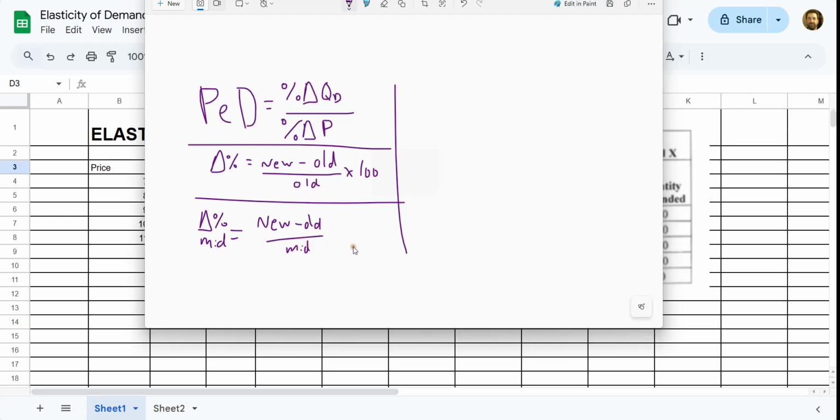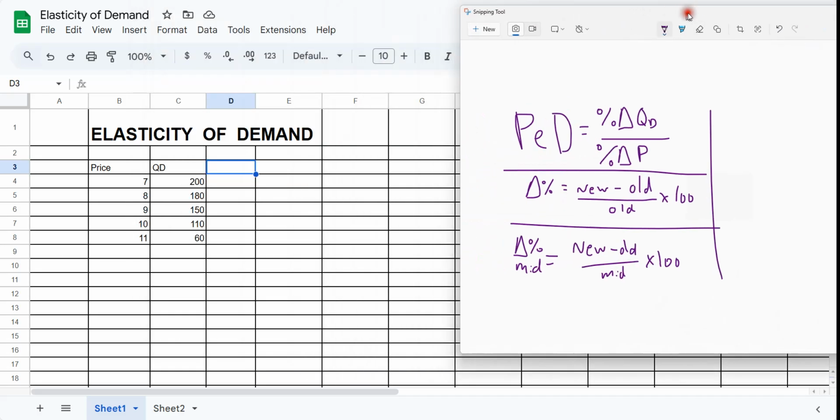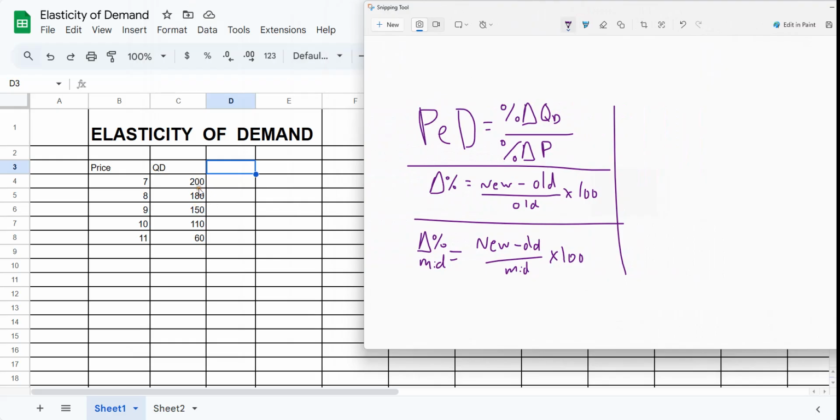Usually you can just eyeball the midpoint: the midpoint between the two quantities is 190, and the midpoint between the two prices would be 750. If you really want to be specific, the midpoint is the new value plus the old value divided by 2. You can just average those.